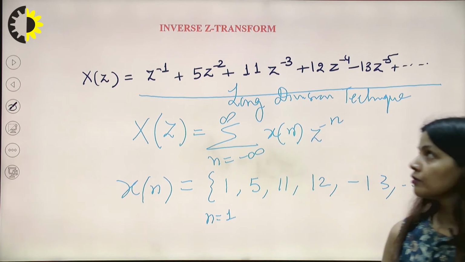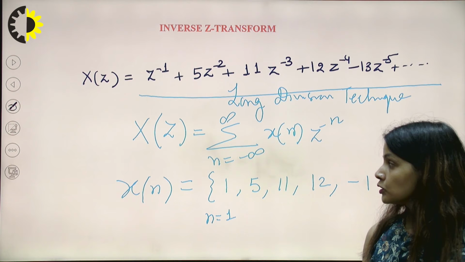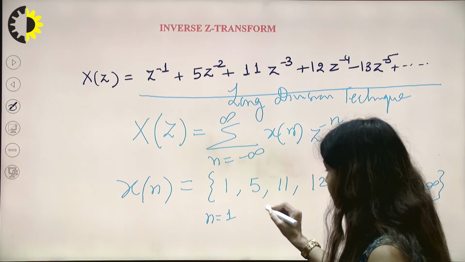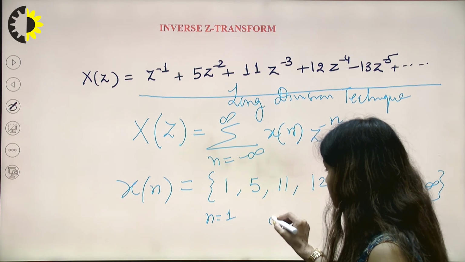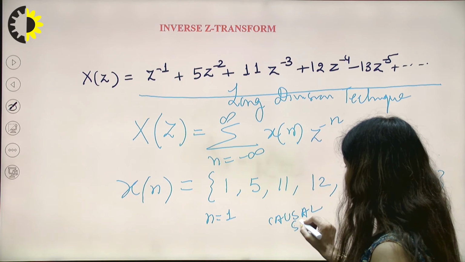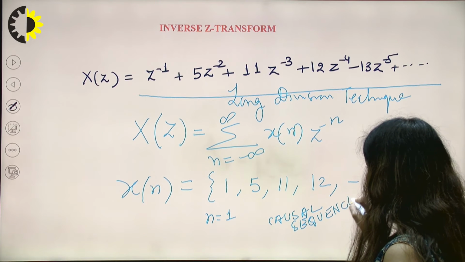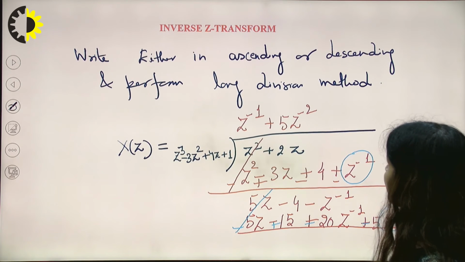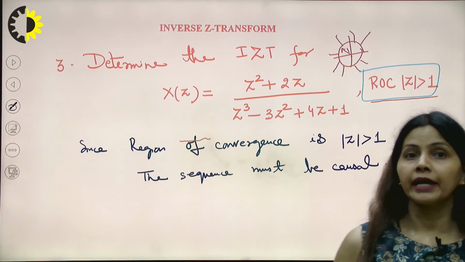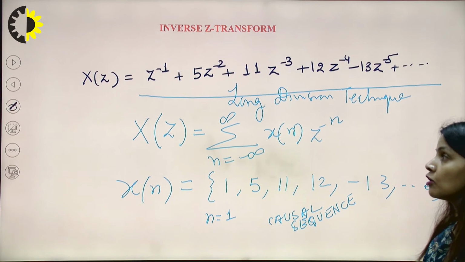Okay, for n equal to 1 and 2 and so on. So this is how we can calculate, and as the values are defined only for positive n, I can say this is a causal sequence. And since the ROC was already given, this particular criterion is also being followed for calculation of the original causal sequence.